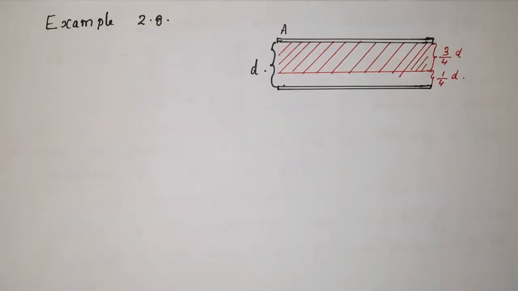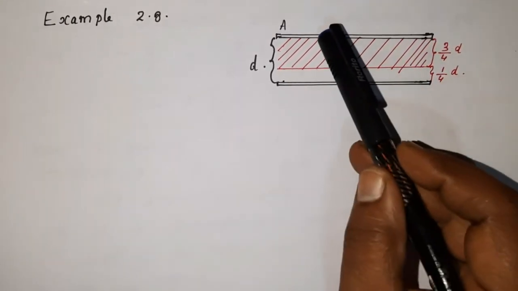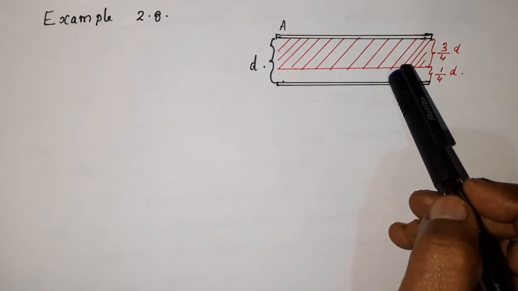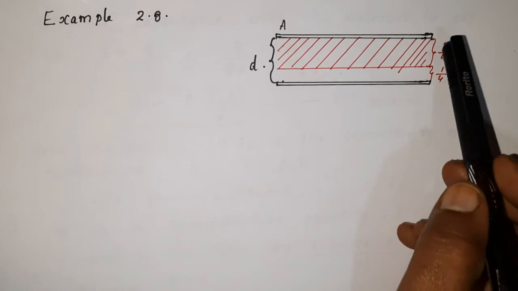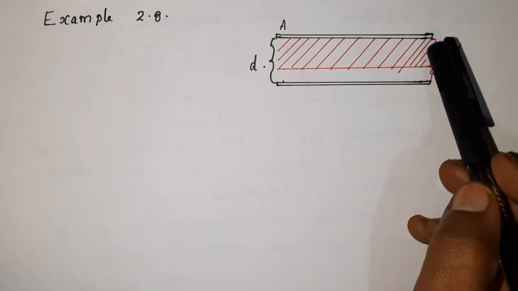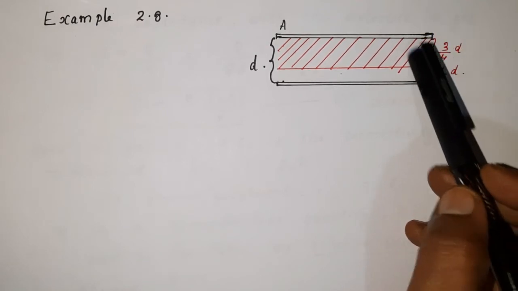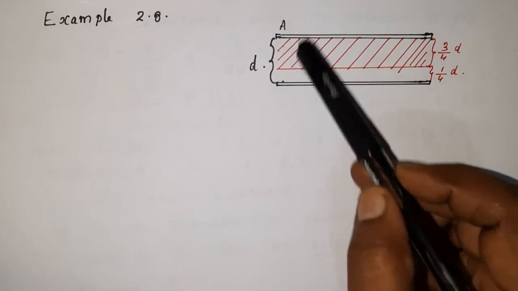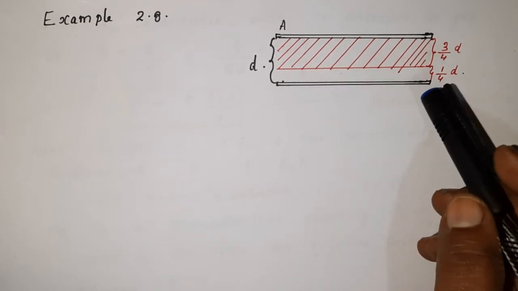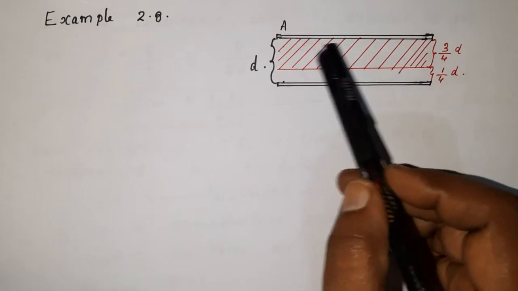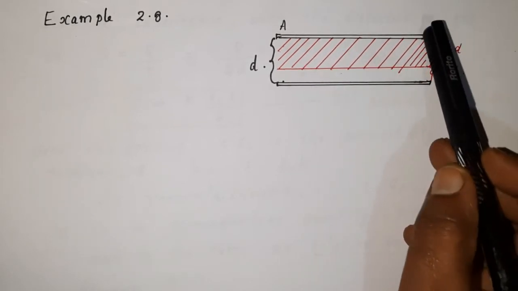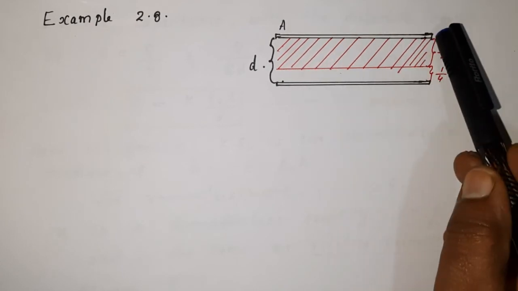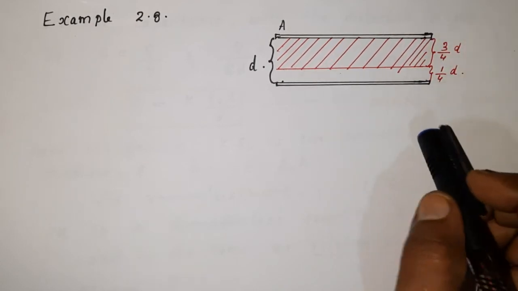So, in this question, we have the capacitor plates and the dielectric of the same area, but the thickness of that dielectric is not equal to the gap between the plates. Only 3/4 of the separation is the thickness of this dielectric slab.